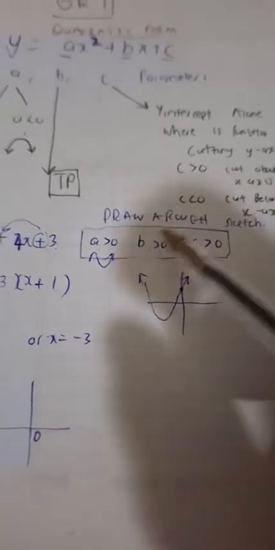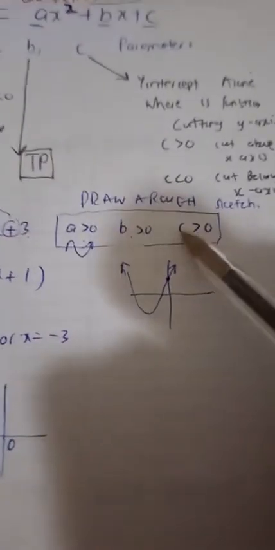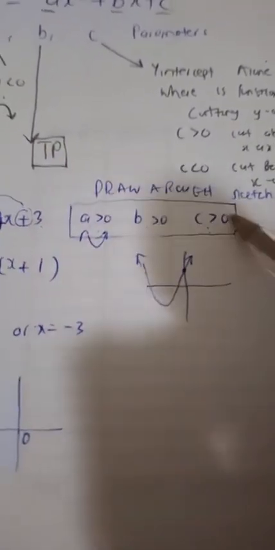But then the relationship between b and c, since c is positive and b is also positive, therefore means that our x-intercepts are negative. So roughly speaking, this would be an appropriate sketch if you are given these parameters. That's why I'm saying, guys, that understanding these parameters is of extreme importance.